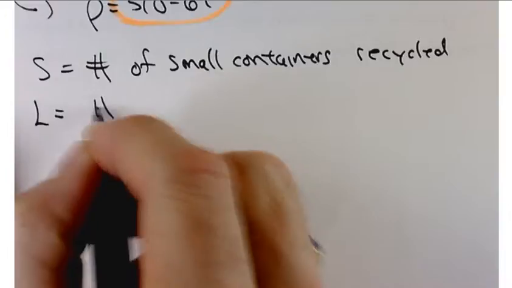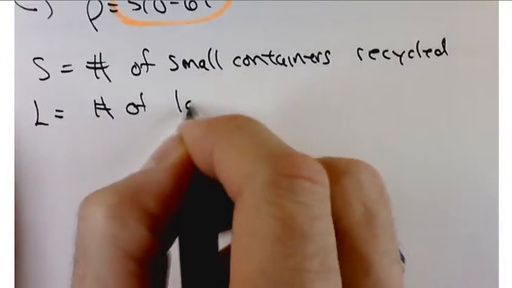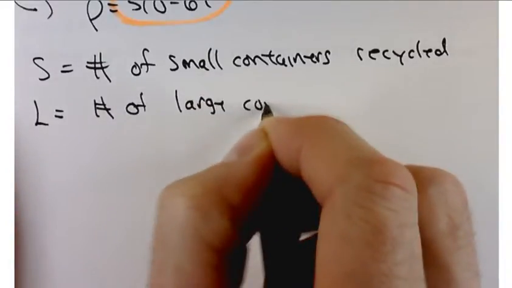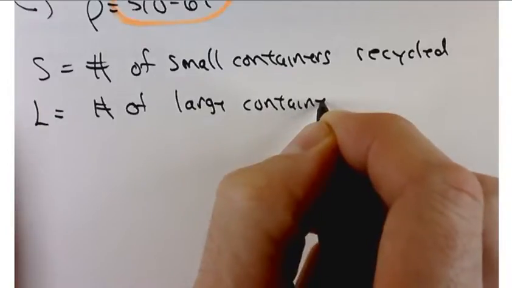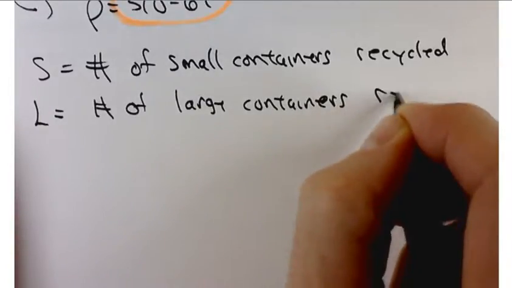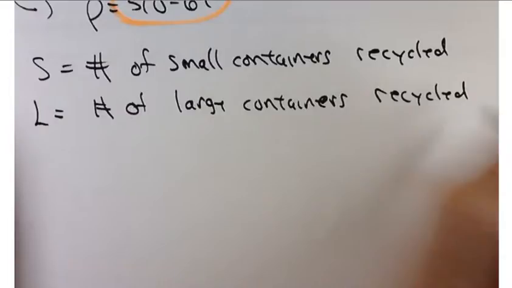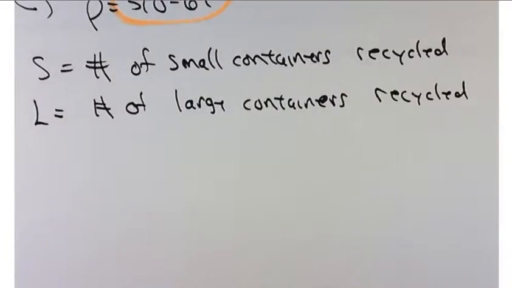L is the number of large containers recycled. All right, so that's our two variables here. Hopefully we have a good understanding of those.